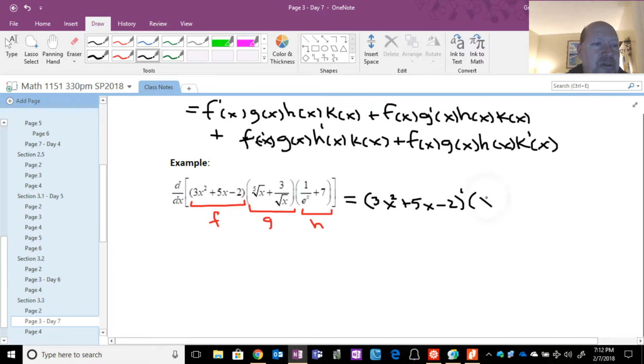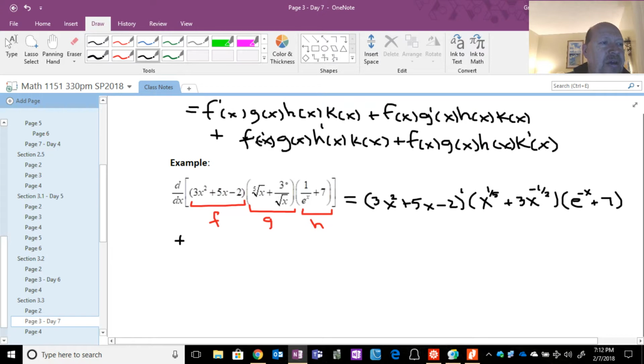So this would be x to the 1/5 plus 3x to the negative 1/2, and then times e to the negative x, so it's not a fraction anymore, plus 7. So that would be the first thing that would need to be done, and then we add on to that, so we're going to have to wrap around to the next line.